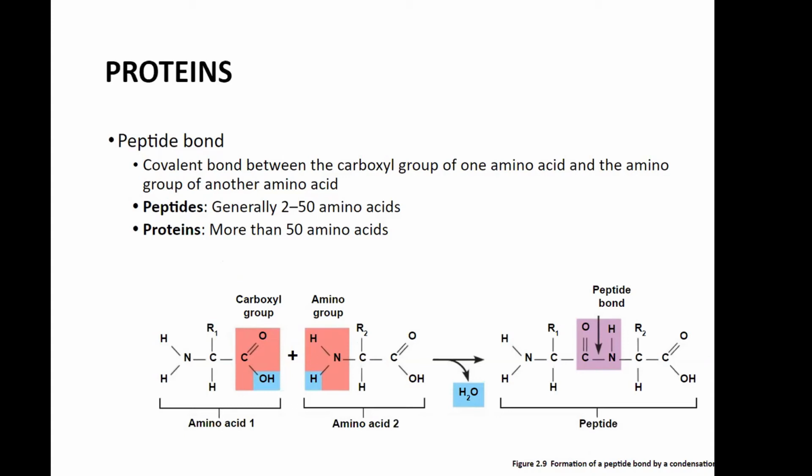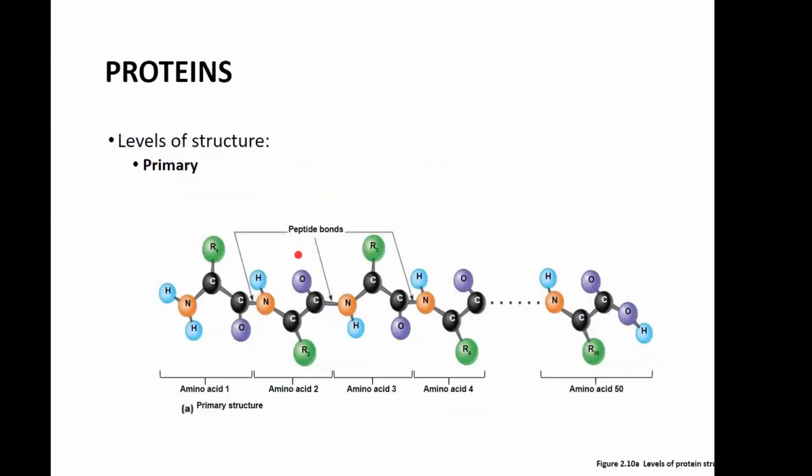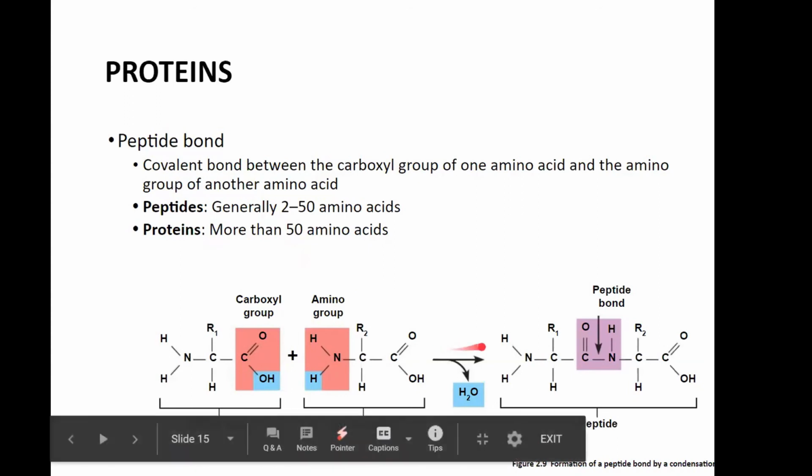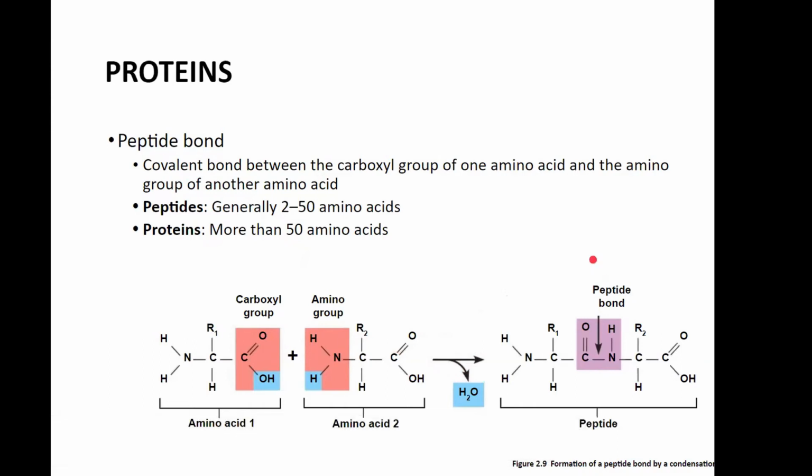So a protein will be more than 50 amino acids. Don't worry about memorizing those numbers. I'm just clarifying here why you'll sometimes see one term and why you'll see the next term. It's really telling us how big that molecule is. And we can see that this is also a condensation reaction when we link together these 2 amino acids into our peptide.